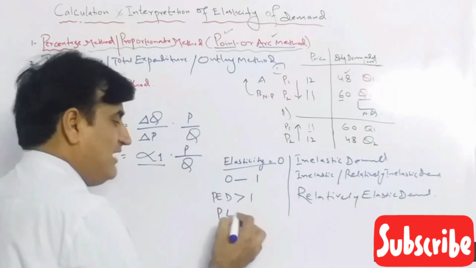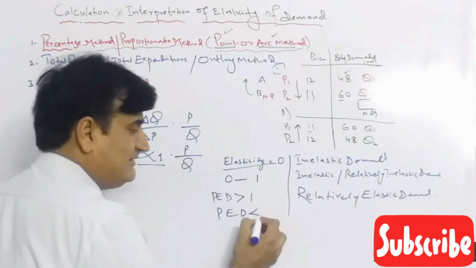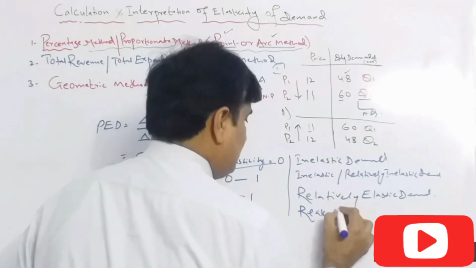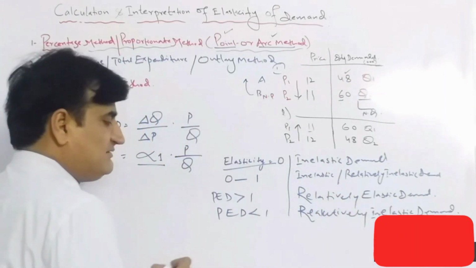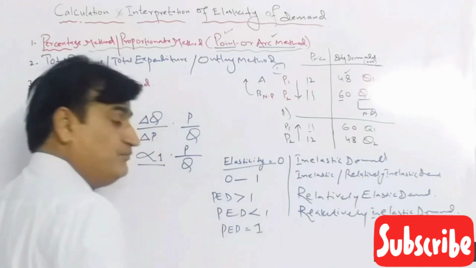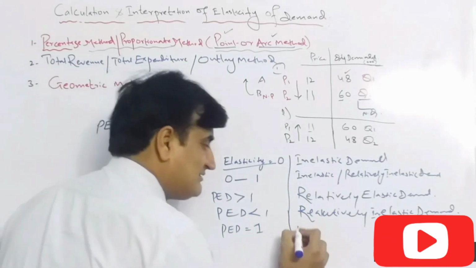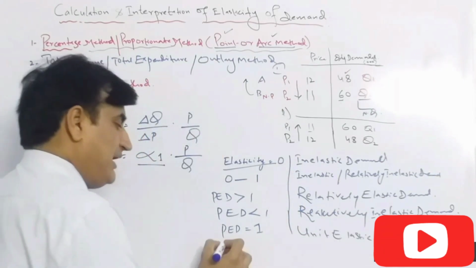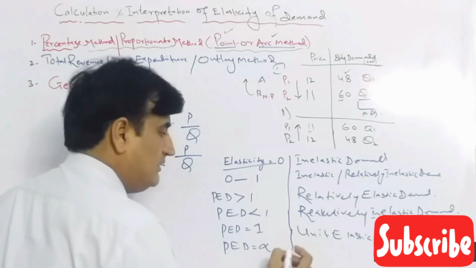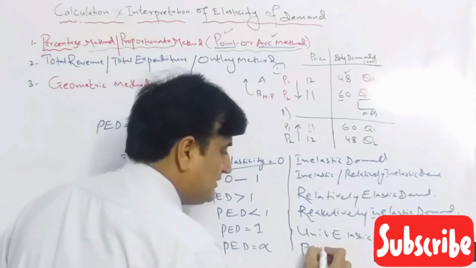When the price elasticity of demand is less than 1, it means it's a relatively inelastic demand. When the elasticity is equal to 1, it means it's a unit elastic demand. When the price elasticity of demand is equal to infinity, it's a perfectly elastic demand.